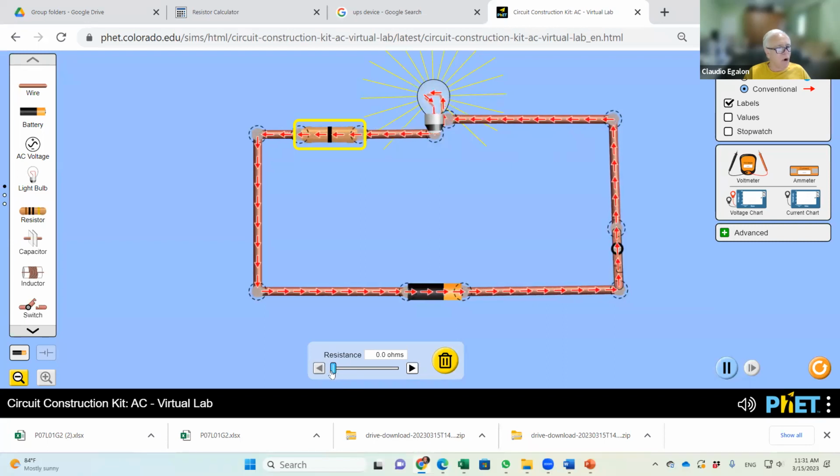Right now I have 0 ohms. But as I increase the resistance, the current decreases and the light bulb becomes weaker. Okay? There are circuits at home that work just like that. We call them potentiometers.